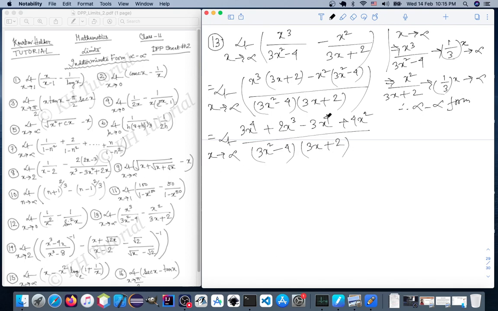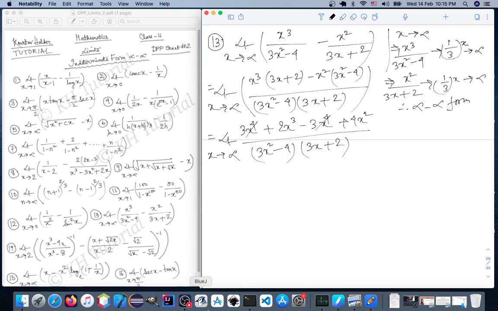The 3x to the power 4 gets cancelled out. One factor should cancel out. The 3x square minus 4 cancels out.